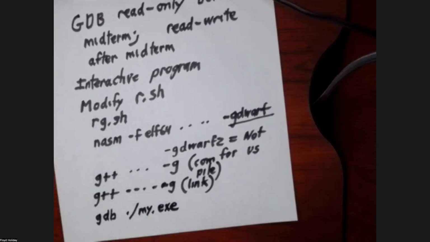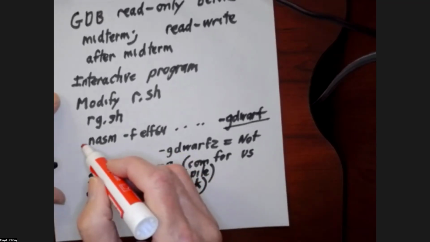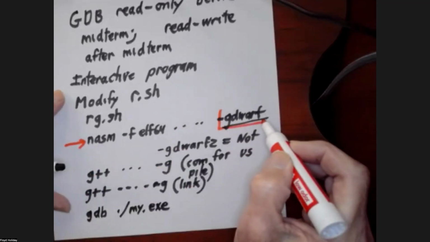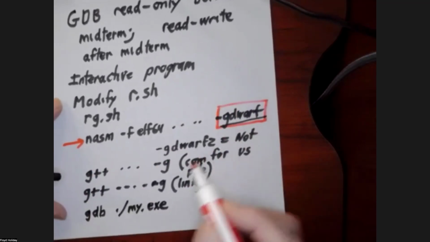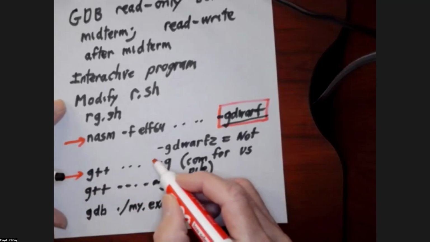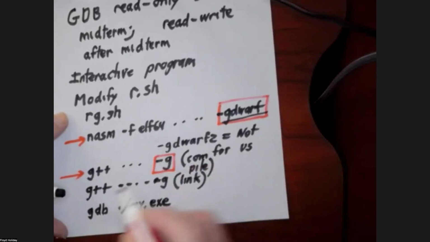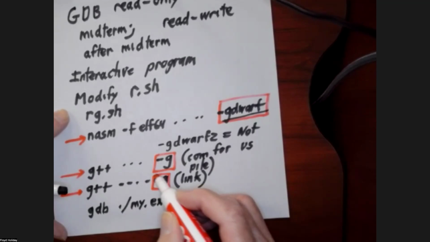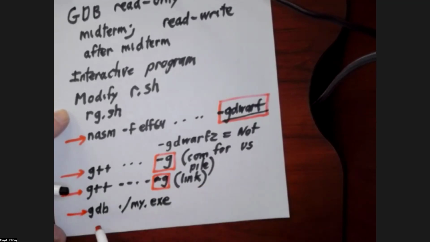Okay. So 4 places where you make a modification. On the NASM statement, you add this extra parameter. On the compiling statement, you add this as an extra parameter. On the linking statement, you add this as an extra parameter. And on execution, you prefix it with this on the left side.